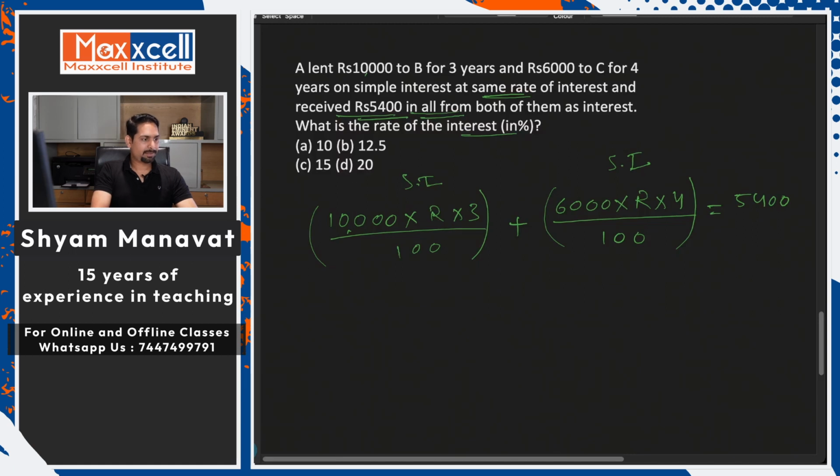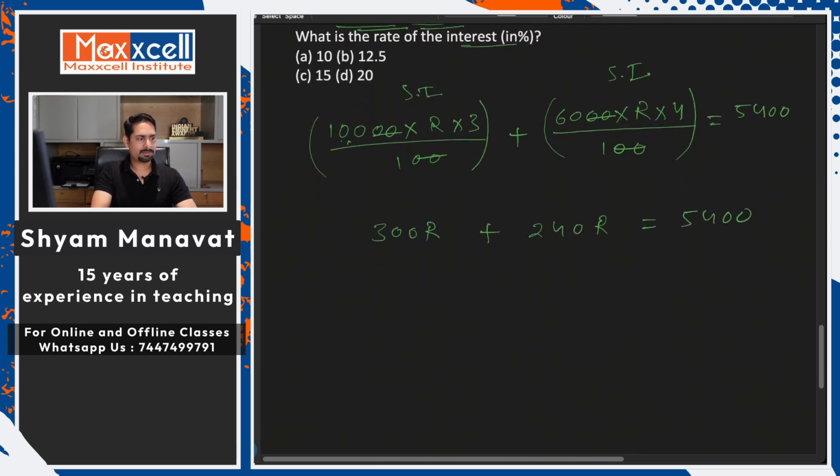So simplify this. 0, 0 cancel, 0, 0 cancel here. Now you see 100 into 3, that is 300 R, plus here you get 240 R equal to 5,400, right? So simplify this, adding both.